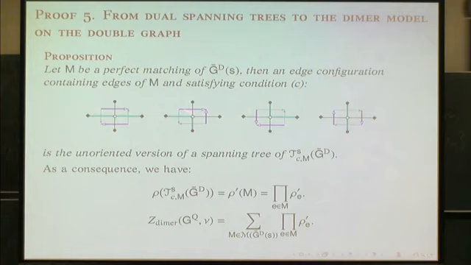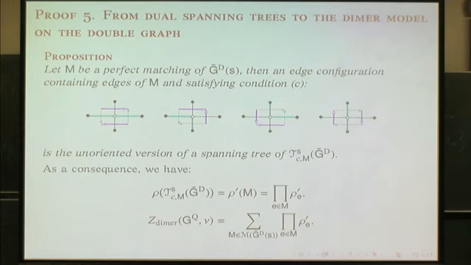Because saying that to be a spanning tree, you must not contain cycles, for example, and this is not a local property, okay? So this proposition says that if you only fix half of the edges coming from the perfect matching and have a local constraint, so this is what will allow us to compute the weights. So half of the edges plus a local constraint guarantees that you actually have a spanning tree, so you don't have cycles, etc.